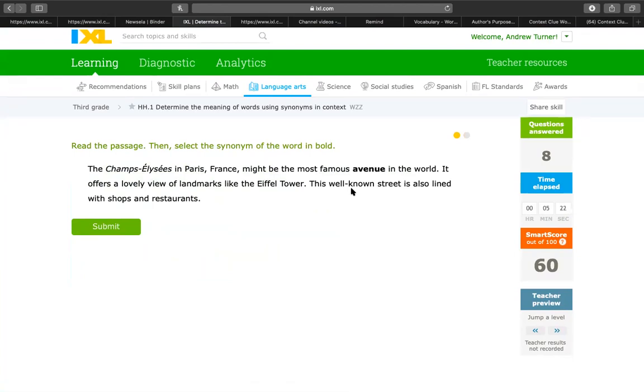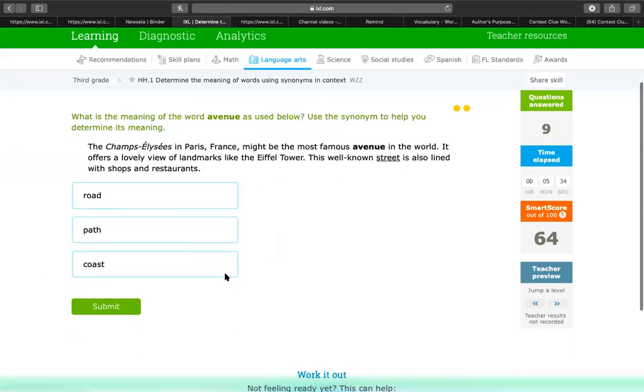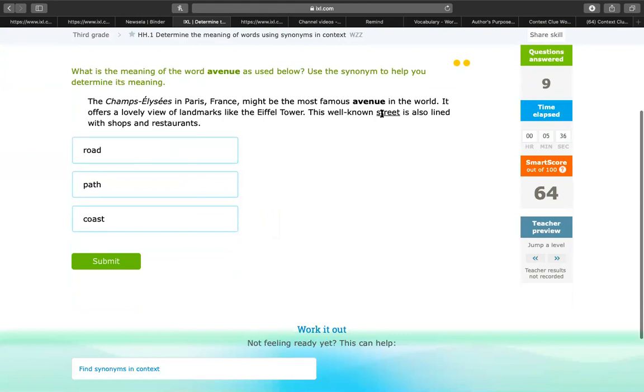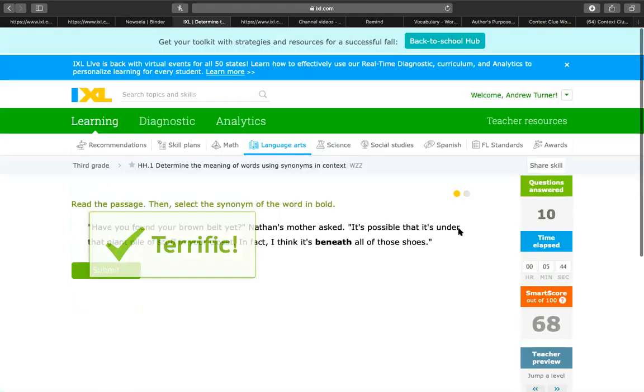Avenue. Maybe street. Bingo. So this well-known street, this well-known road, this well-known path, this well-known coast. Road. Yeah, thanks, Marsh.